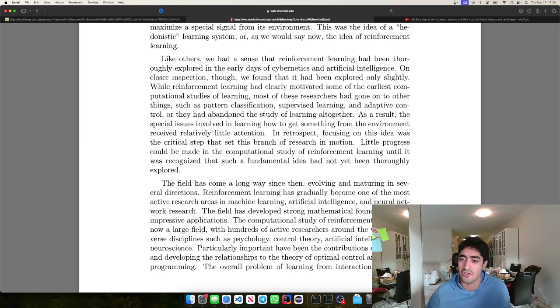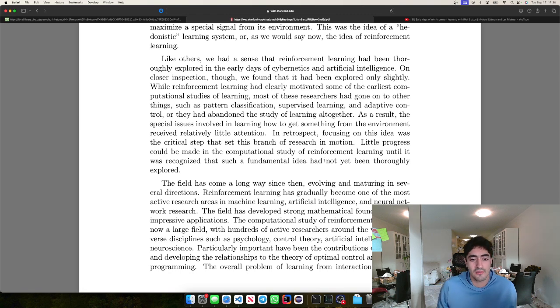Most of these researchers had gone on to other things, such as pattern classification, supervised learning, and adaptive control, or they had abandoned the study of learning altogether. As a result, the special issues involved in learning how to get something from the environment received relatively little attention. In retrospect, focusing on this idea was the critical step that set this branch of the field in motion.